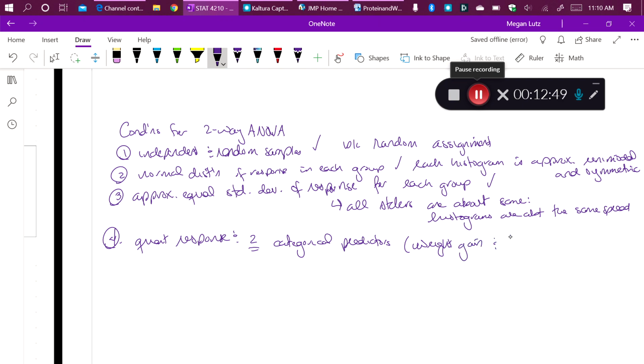And the explanatory variables are the protein source and protein level, high or low. So this has been satisfied. So we're good. We have satisfied all the conditions needed for two-way ANOVA to be valid.